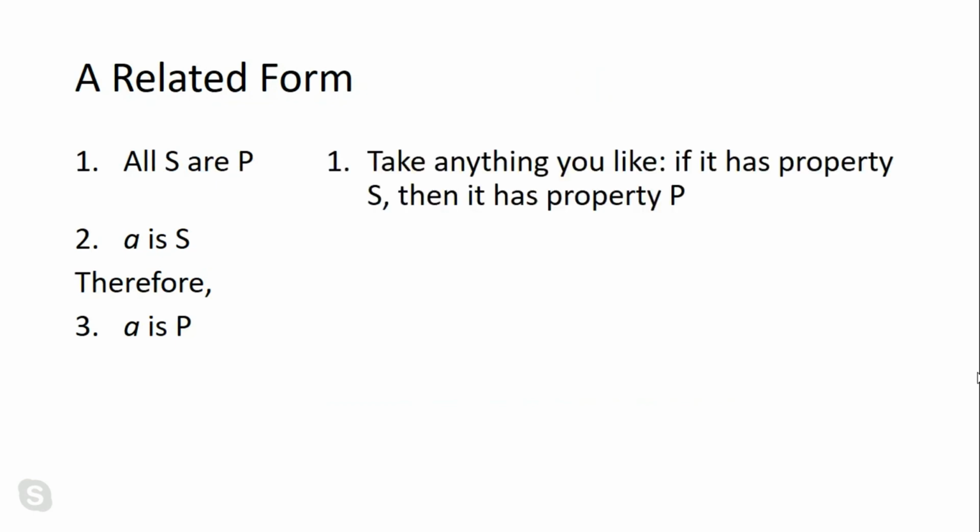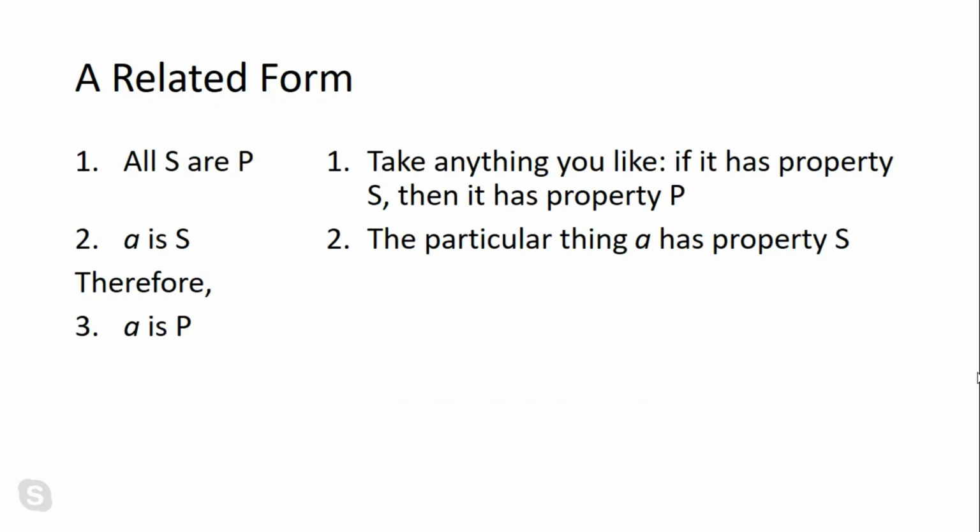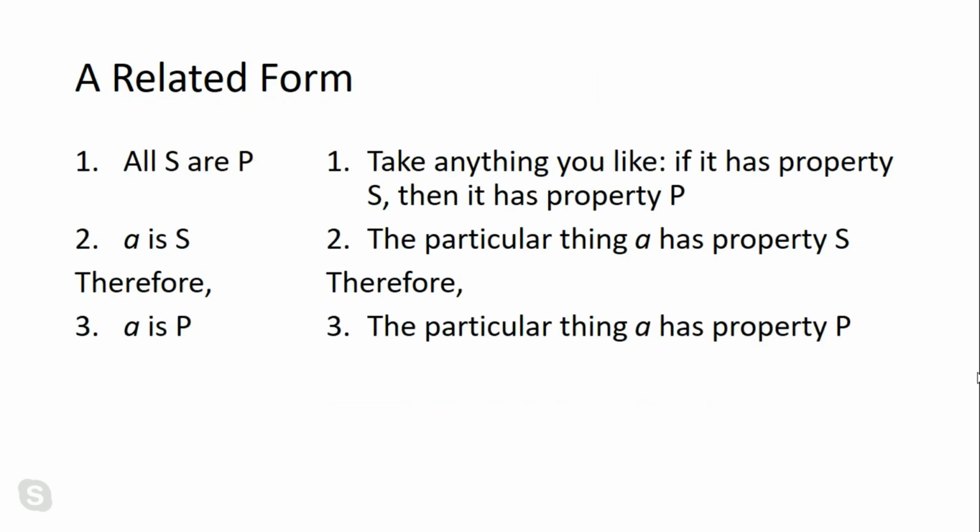Take anything you like. We might say, if it has property S, then it has property P. The particular thing A has property S. Therefore, the particular thing A has property P.